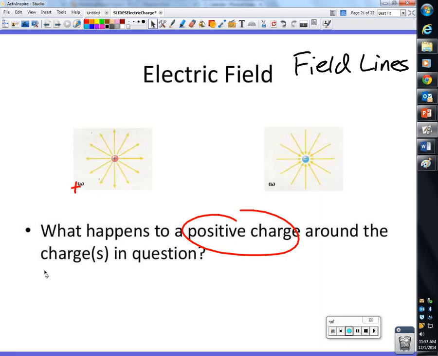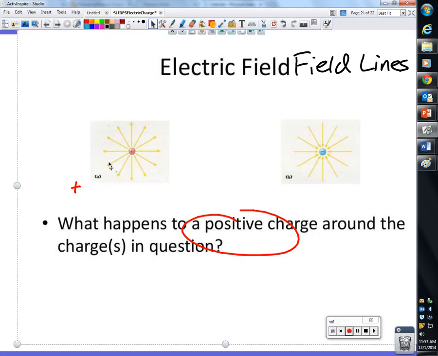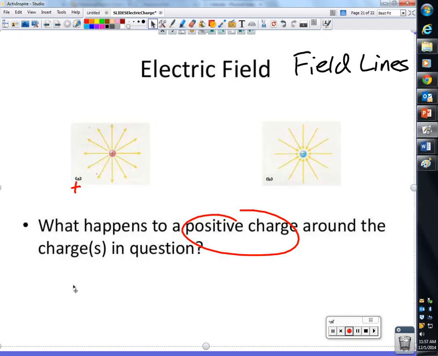Notice all of these arrows on this picture all point away from this red positive charge, because what does it do to other positive charges? It repels. The electric field surrounding that positive charge is represented by those arrows, all pushing away. Good there. Okay.